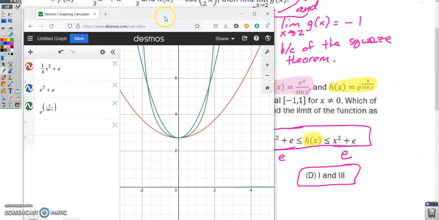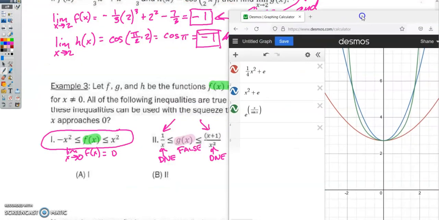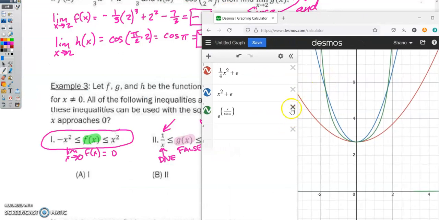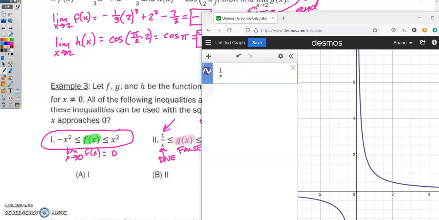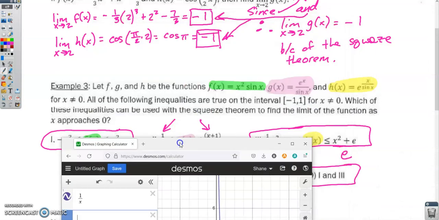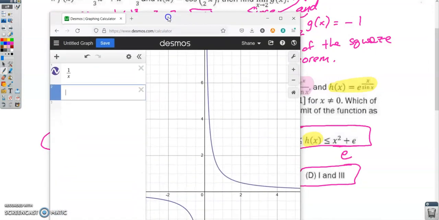Let's compare that to what happens in example B here. If we graph 1 over x, and we graph, what's the other one? x plus 1 over x squared.